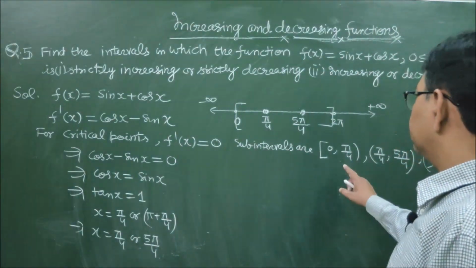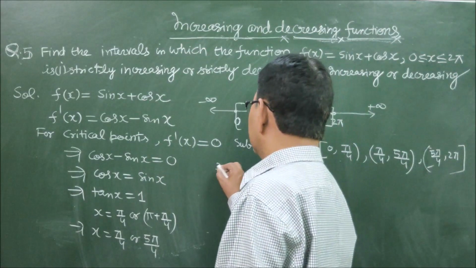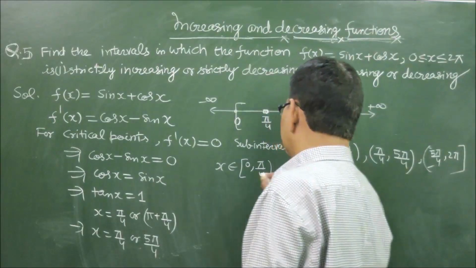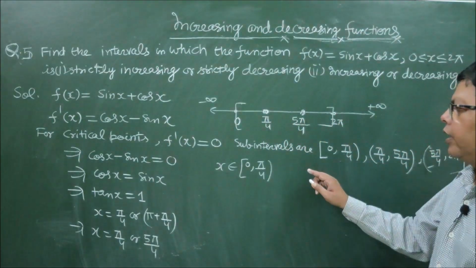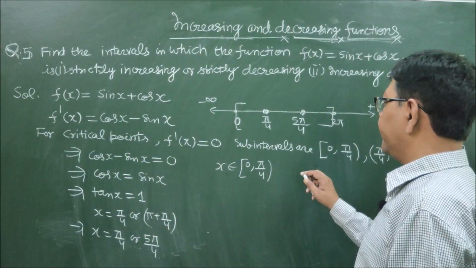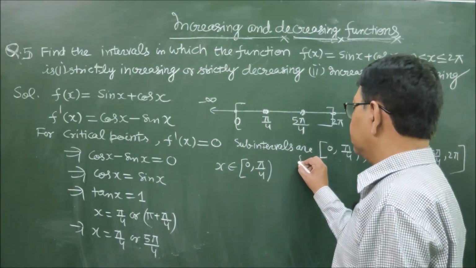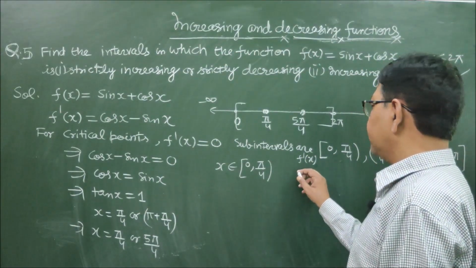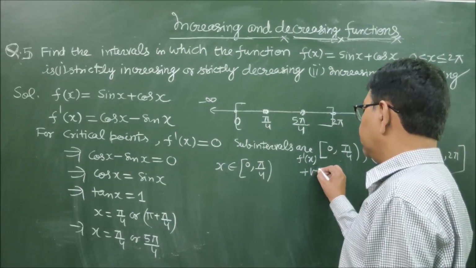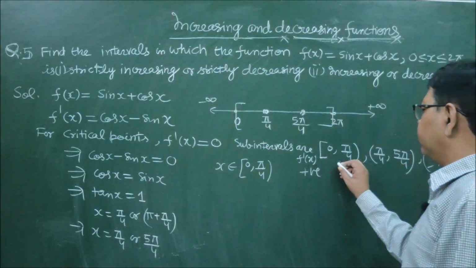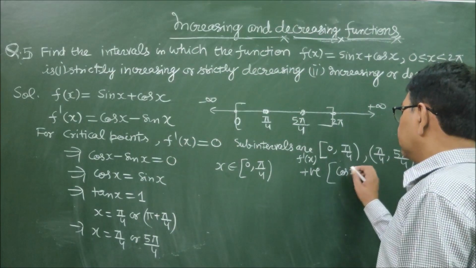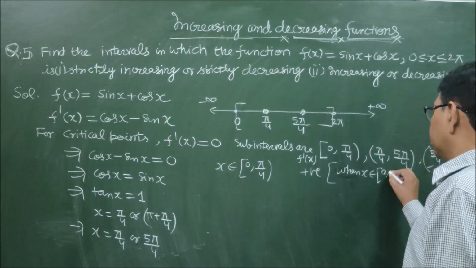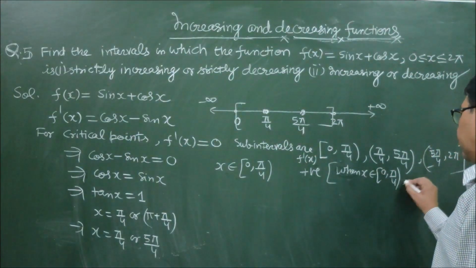So let us consider when x belongs to the interval 0 to π/4. Then the value of f'(x) is positive, because when x belongs to 0 to π/4, cos x is greater than sin x.